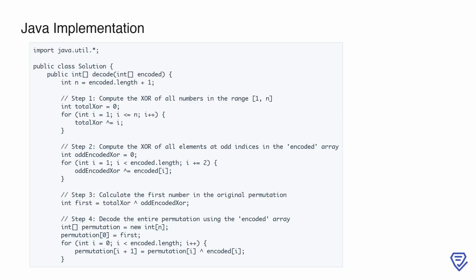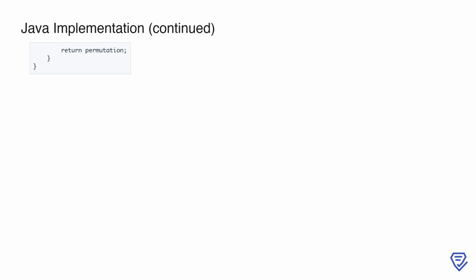Using these two results, the first number in the permutation is found by taking the XOR of total XOR and odd encoded XOR. Finally, we initialize an array to store the decoded permutation and set its first element to this calculated value. We then iterate through the encoded array, using the property of XOR to sequentially reconstruct the remaining numbers in the permutation. After completing the decoding process, the method returns the reconstructed permutation array.